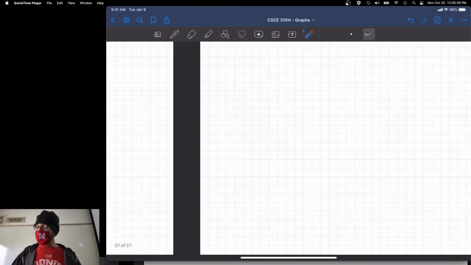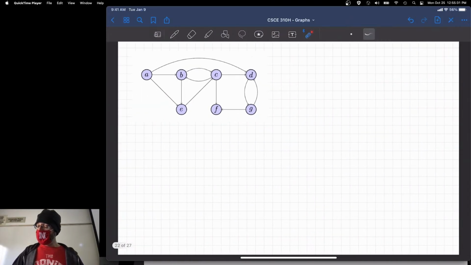Our particular application here is going to be taking this graph and condensing it down from a 7-vertex graph into a smaller graph, but preserving connectivity. We're going to be preserving what are called strongly connected components.